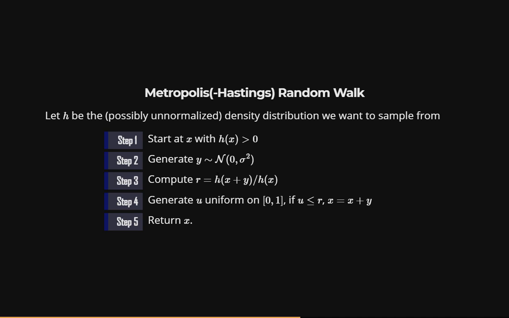So for example, you are in a point where h is quite large, and you draw some y which is too far. So h will decrease, and if it decreases too much, it will give you a very small r, so the probability of being accepted is very low. So we'll stay in that point for a long time.